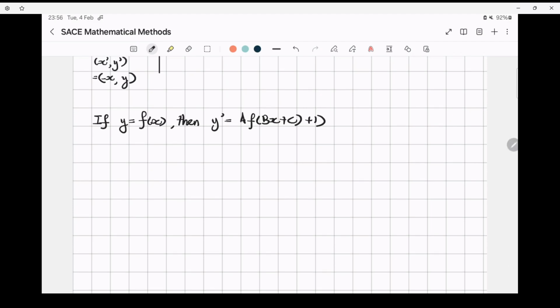So the first one, if your a is greater than 1, it means that your function has undergone a stretch in y direction by a factor of a.